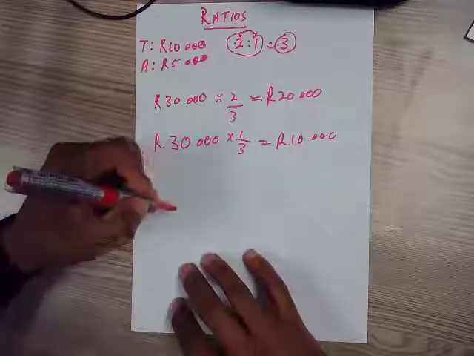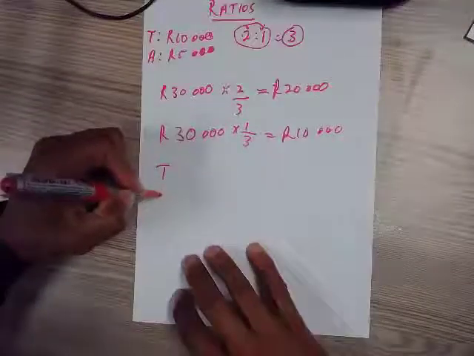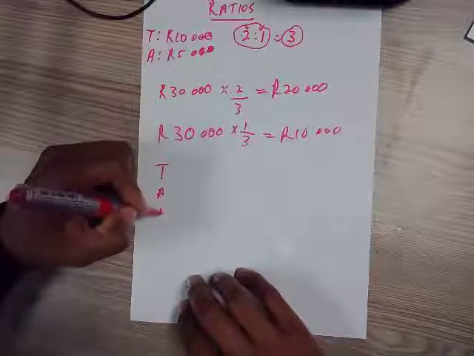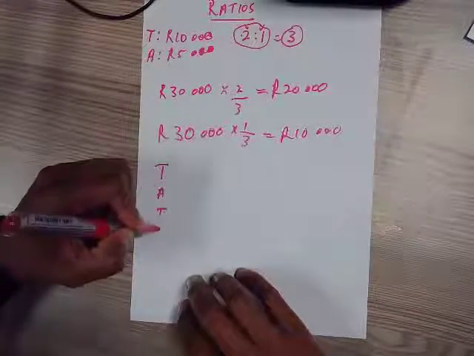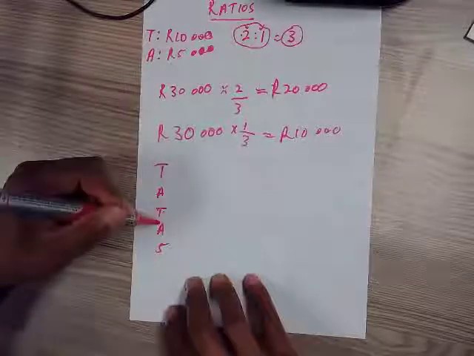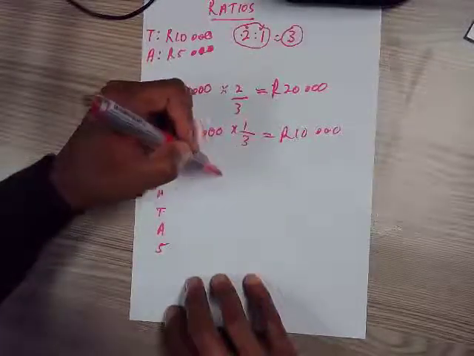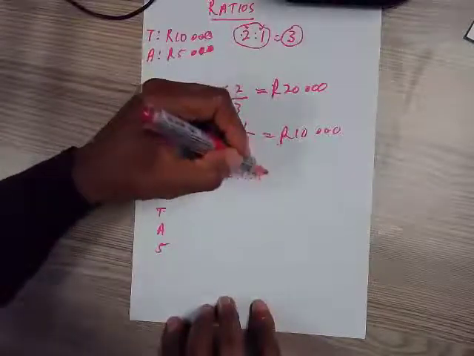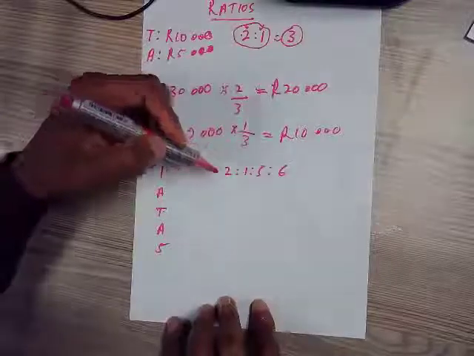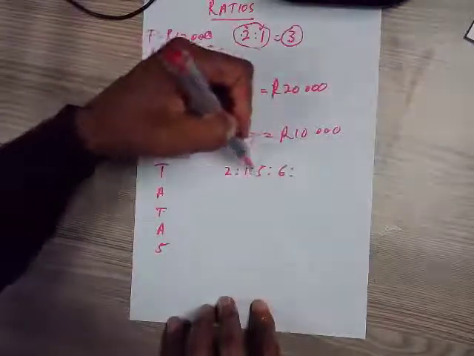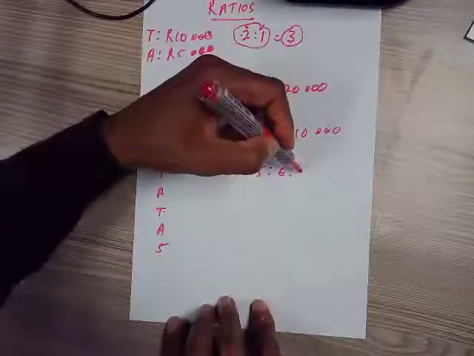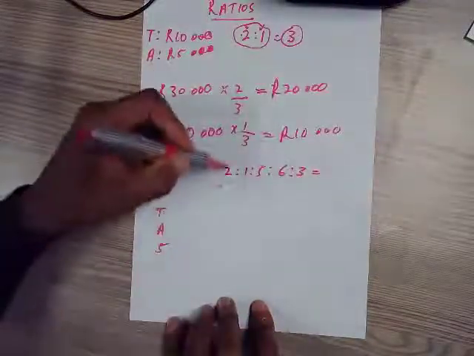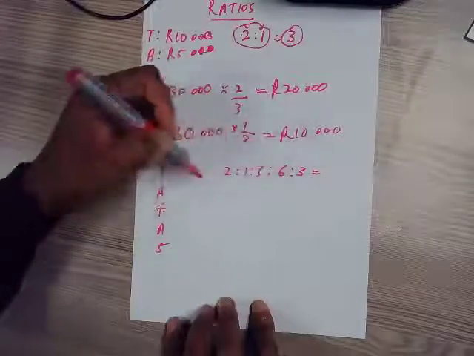Even if it's 100 people, everybody has their own little shares. Let's say it's 5 people, so each person has their portion of 2, 3, 5, 6. If all this amount is shared accordingly, you add all these shares.